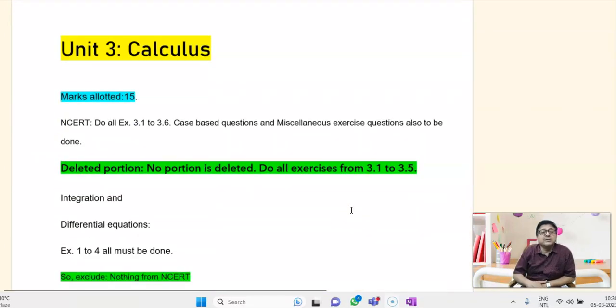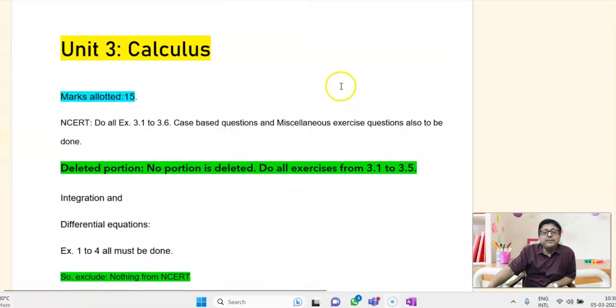Then calculus carries huge marks, that is 15, but many topics are included there. So you have to take extra care. Those who are going to score 80 over 80 need at least 75 out of 80 in both papers. For them, I would like to say which exercises they have to practice.